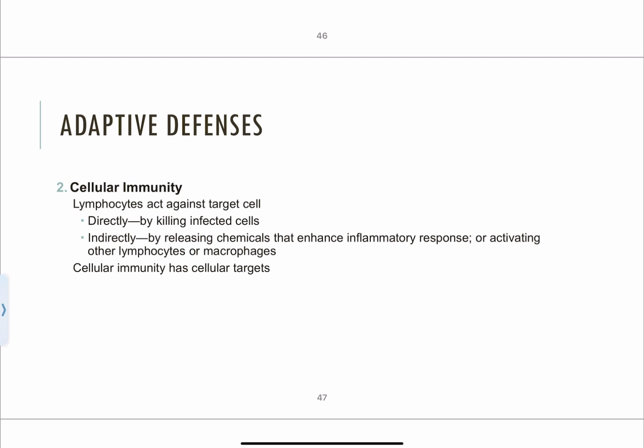The lymphocytes themselves are going to act against their target either directly, by going in and killing the infected cell, or indirectly. They can release chemicals that enhance the inflammatory response, help activate macrophages, or even help the entire adaptive immune response understand what it's supposed to do.